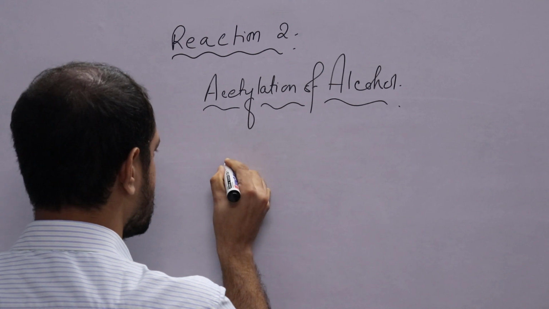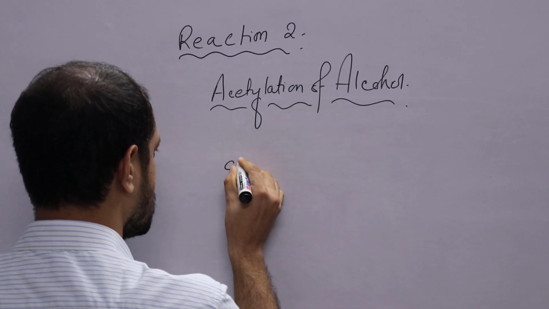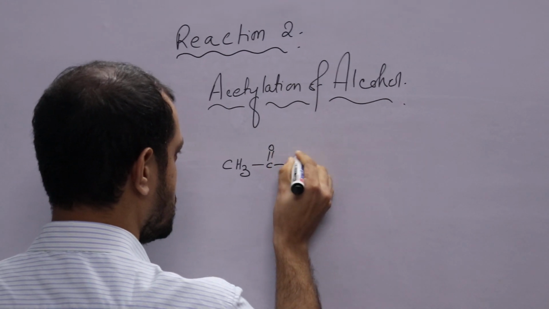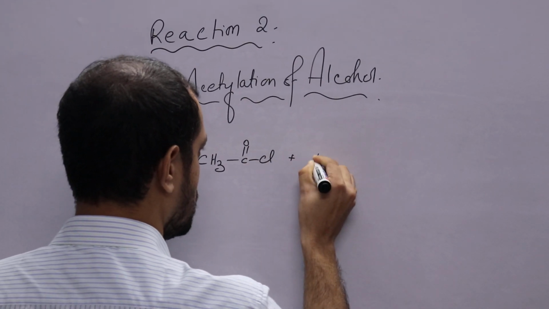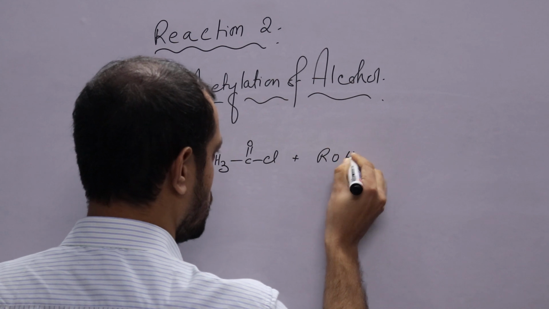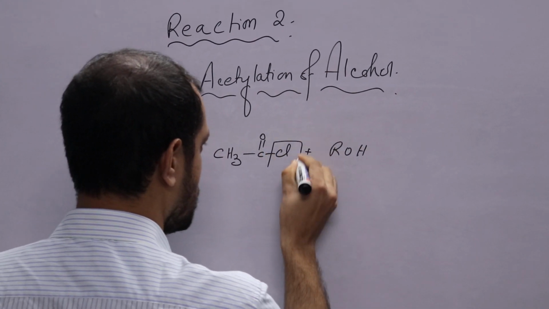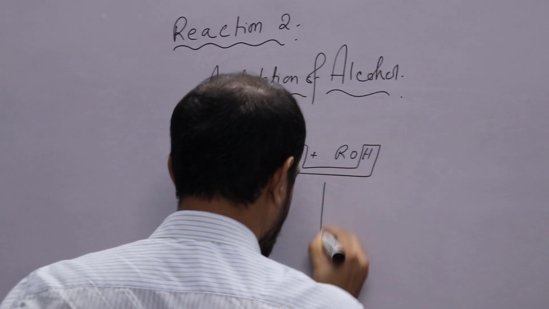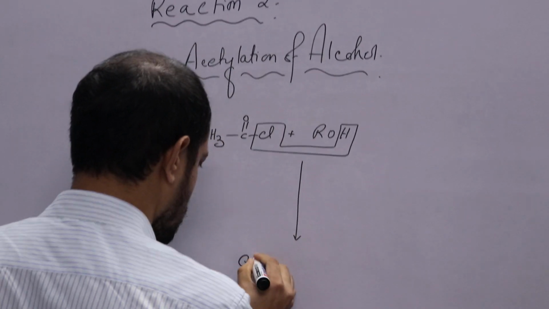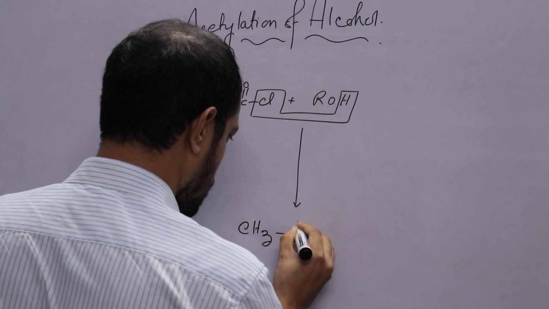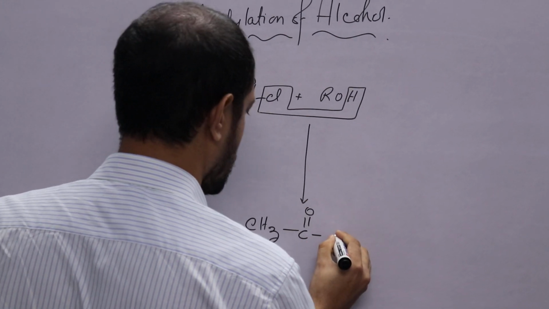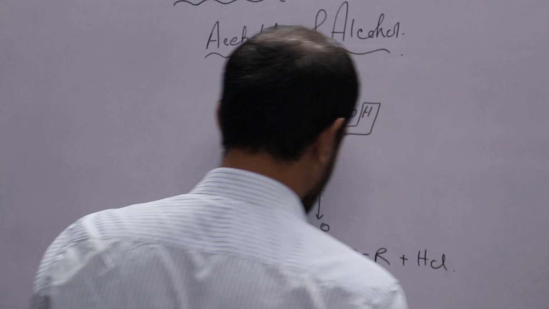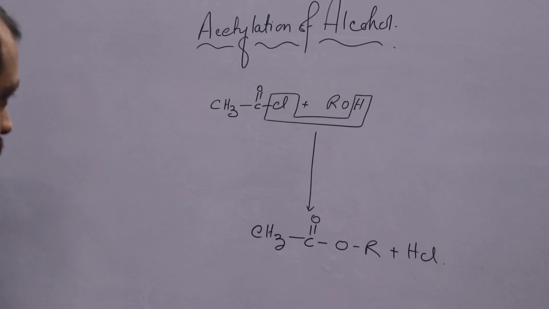Now the point is this, actually: suppose this is acetyl chloride and this is suppose an alcohol. Actually what happens is... this is acetylation reaction, right?